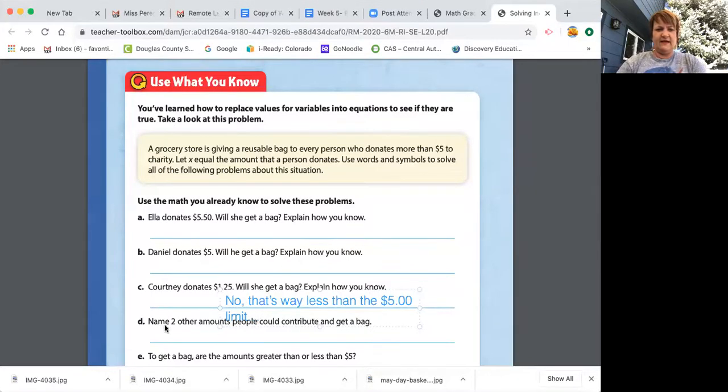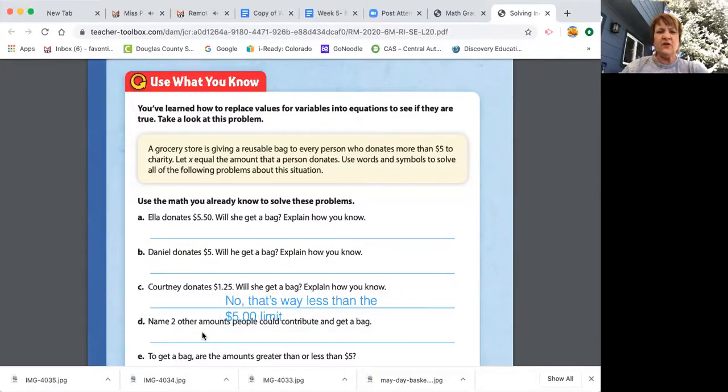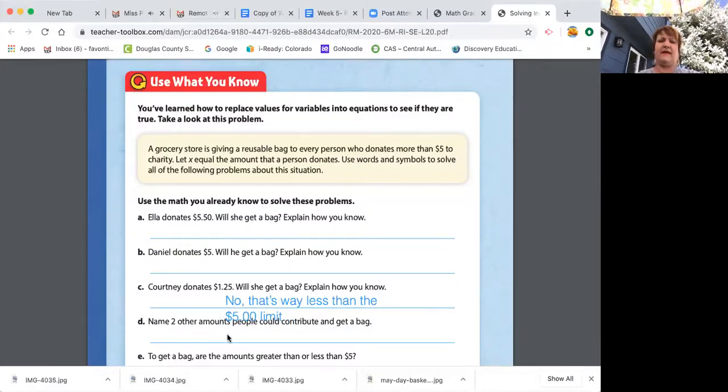All righty. D. Name 2 other amounts people could contribute and get a bag. Oh gosh, that's endless, right? We could say they could donate $10 or how about $5.01? There's lots of possibilities.